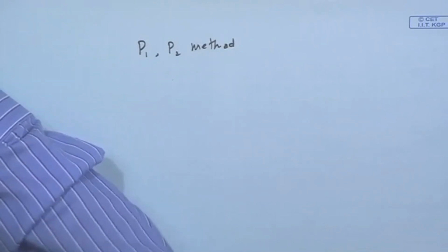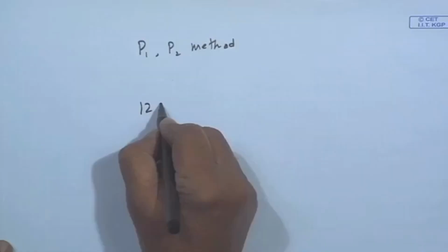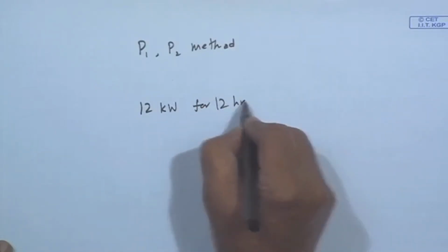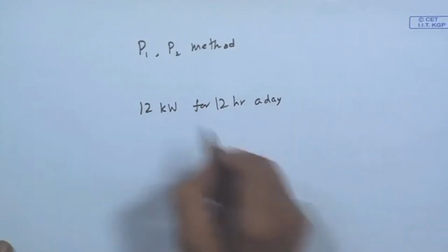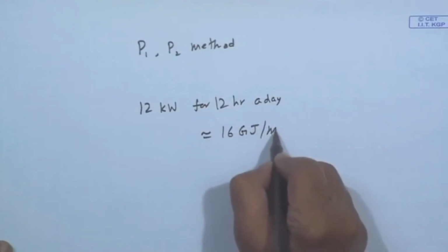So, I have given typical figures of payback period, simple calculation only. If you assume the fuel to be coal at 3 rupees a kg, the savings per year is so much. This corresponds to the system we have discussed, 12 kilowatts for 12 hours a day, which corresponds to approximately 16 gigajoules per month.